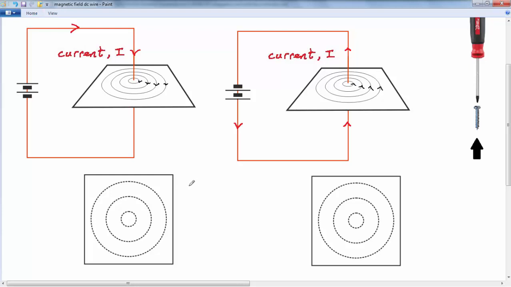Now, just before we finish, I just want to introduce you to some important notation, and this notation is quite often used in exams. So in the case where you have an electric current going into a piece of paper, okay, this is often represented like this. So what you've got to think about is like a dart, okay, and so as you're watching the dart go away from you, what you see are the tails of the dart, right?